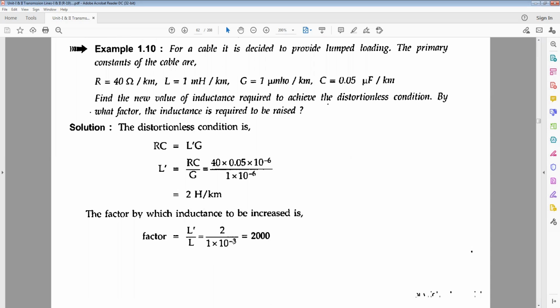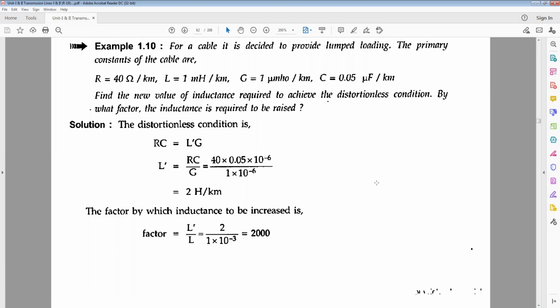You can simplify this: 2 by 10 to the power of -3 is 2 into 10 to the power of 3, a 2000 factor. What matters, students, is that by using the distortionless condition RC equal to LG, we can find the inductance L dash, and by what factor the inductance is to be raised. The factor is 2000; it is raised to get the distortionless condition. Okay. The next example.